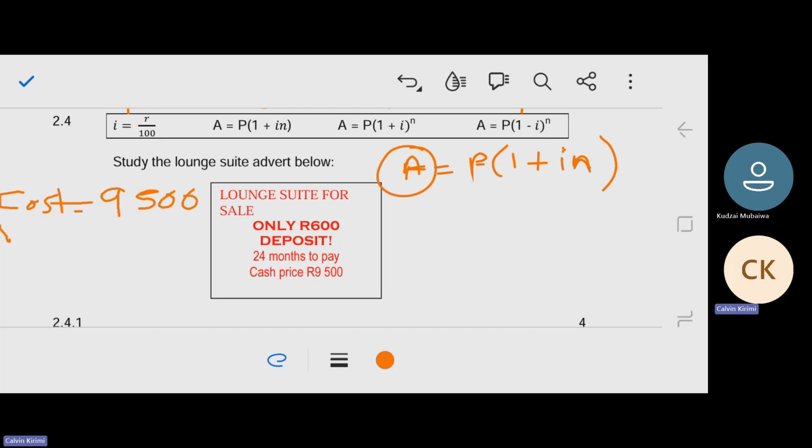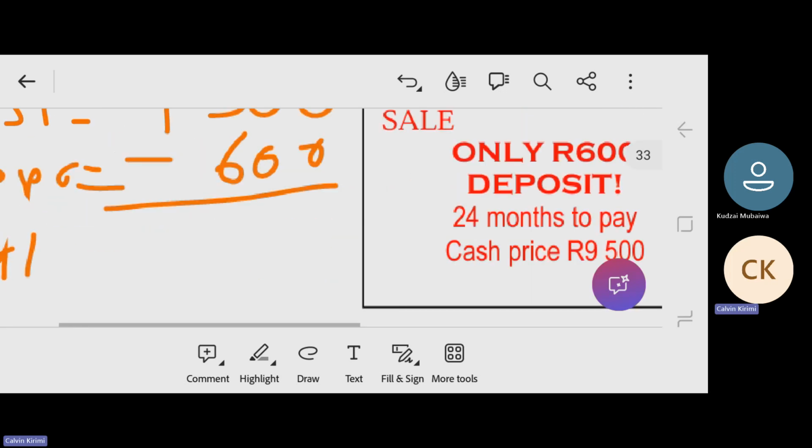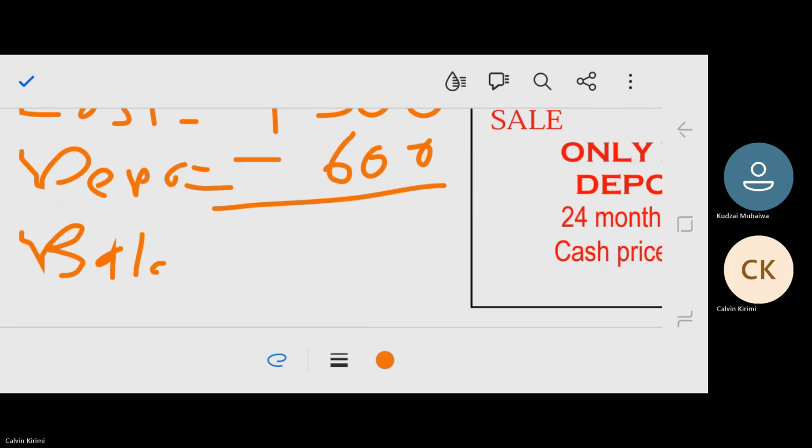Then the deposit. Do you add or you subtract? Subtract. So it will be minus 600. The balance is how much? 8,900. The balance is 8,900. Yes, sir.